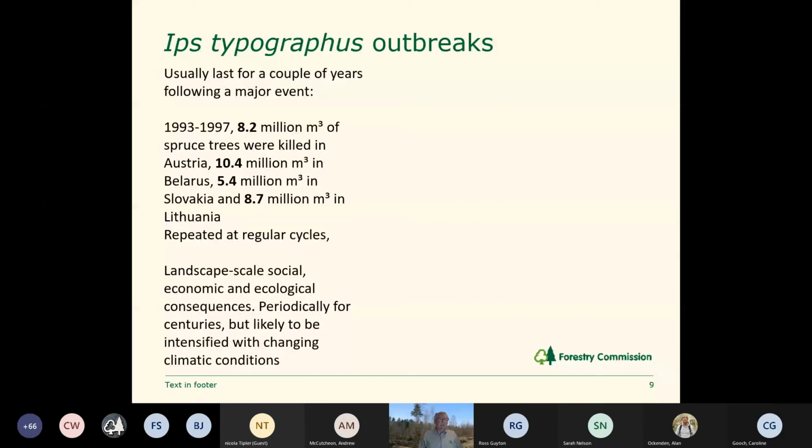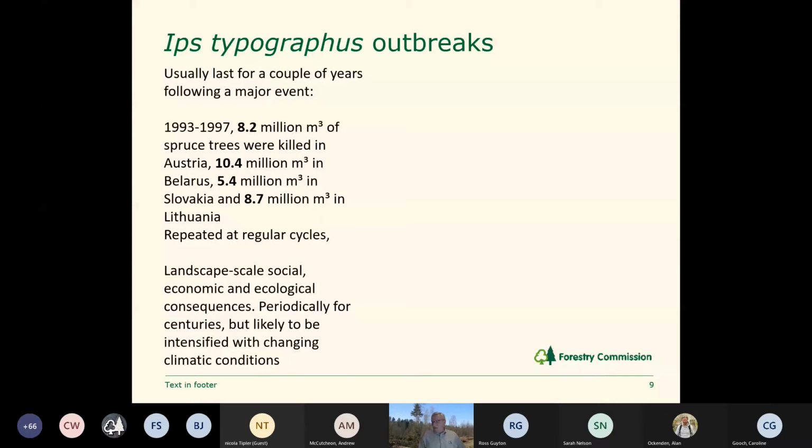This is data from the early to mid 90s, which shows that 30 million trees were lost in that outbreak across Central and North Europe.